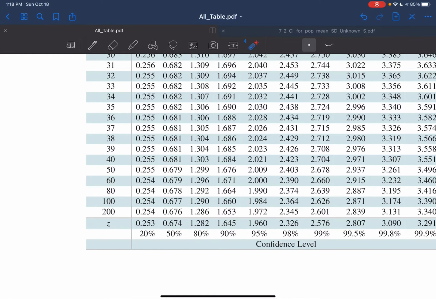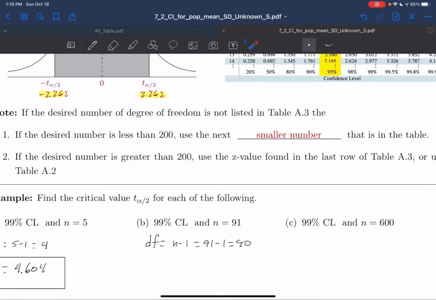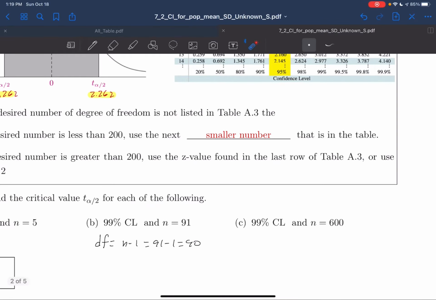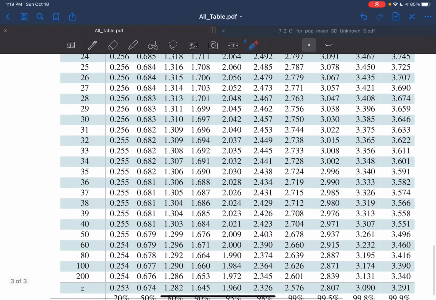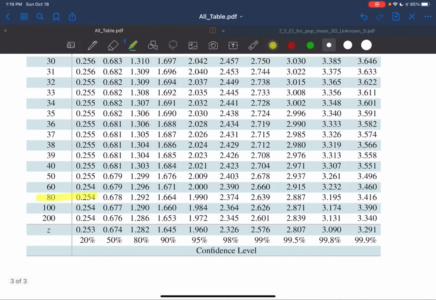So what do we do? Well, if you look back, if your desired number is less than 200, which it is, use the next smaller number that's on the table. So in this case, the next smallest number below 90 is going to be 80. So we're going to actually use 80 as our degree of freedom. And since we're working with a 99% confidence level, we go to 99 and see where they intersect.